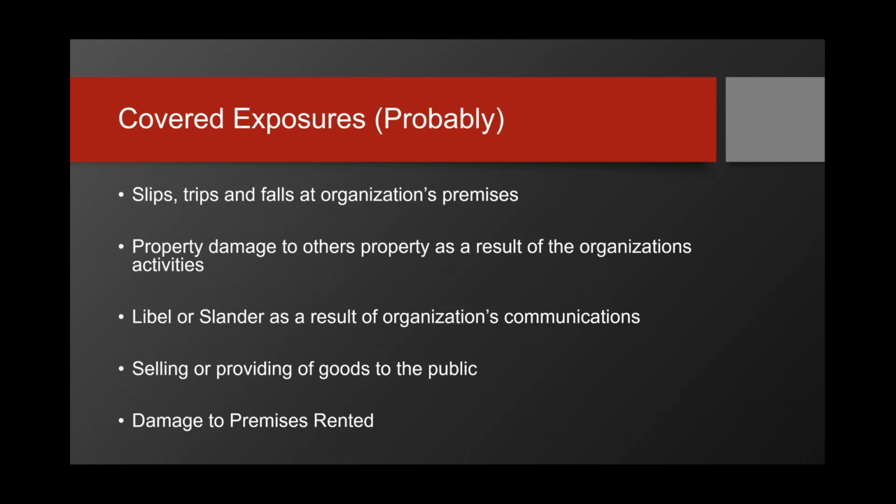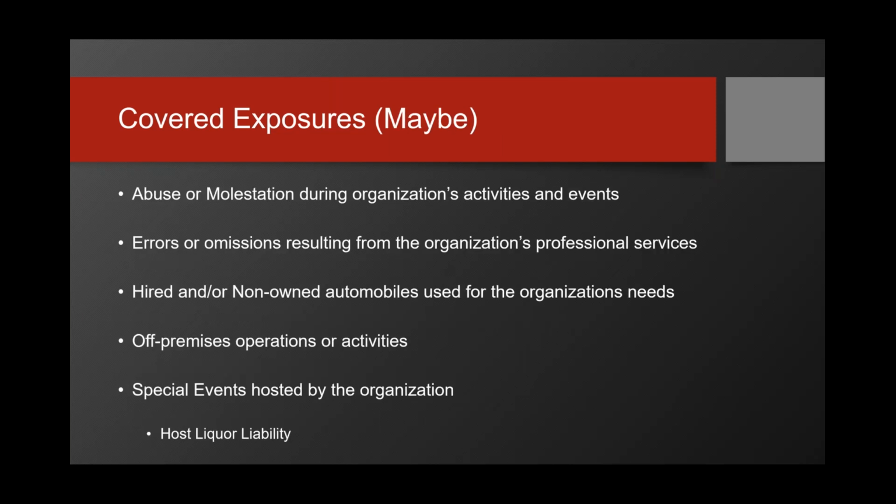Your traditional stuff, these are things that are most likely covered. Slips and falls, property damages of others, libel, slander as a result of the organization's communications. So in their advertising, libel, slander. Sales of products, damages to premises rented.